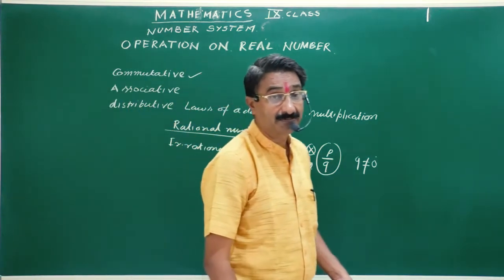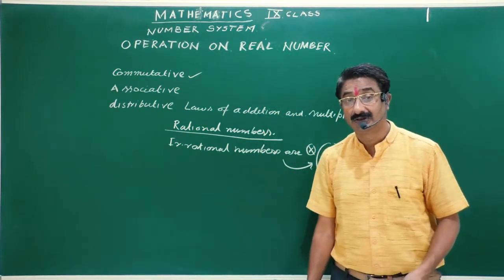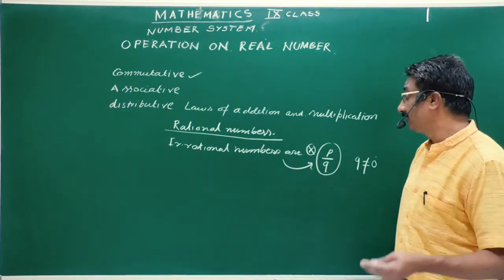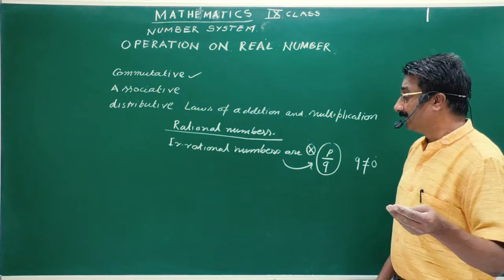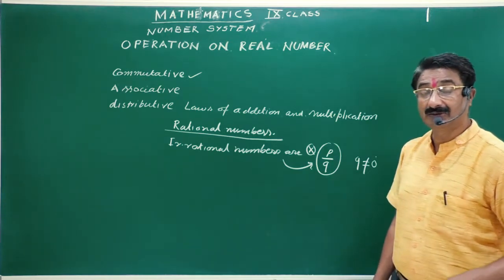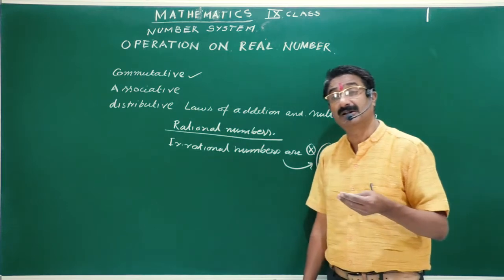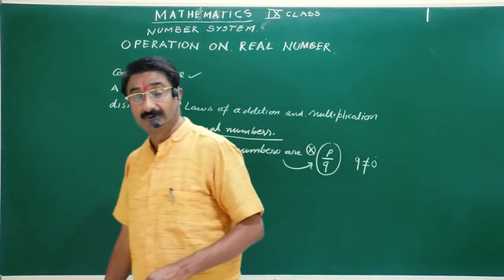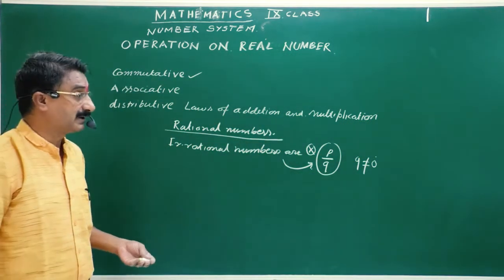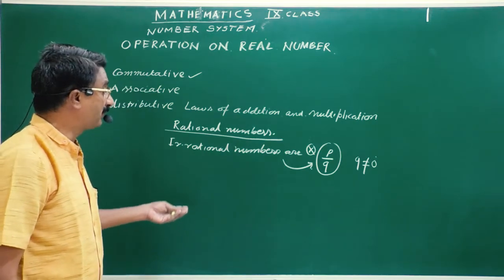What is your guess? Irrational numbers sometimes remain irrational and sometimes become rational. We can understand by taking some examples.